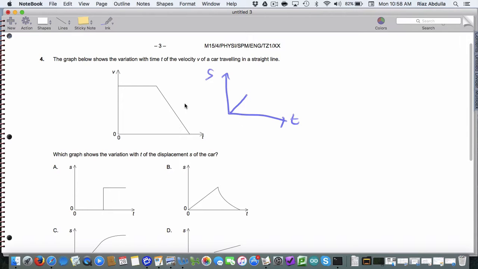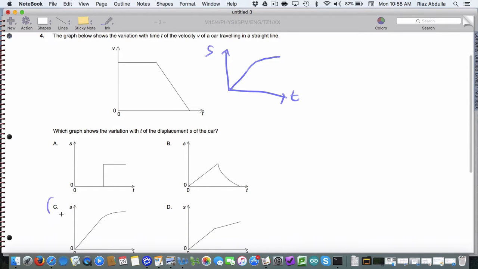Then we move forward slowing down, so our slope needs to get flatter and flatter as we continue. So choice C really is the only choice that works. Coincidentally, if they'd asked us for acceleration versus time, that would be this graph right here.